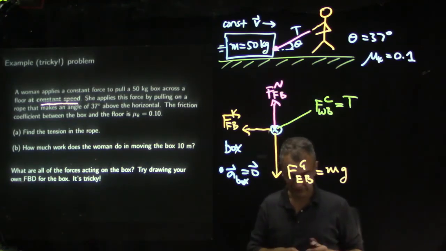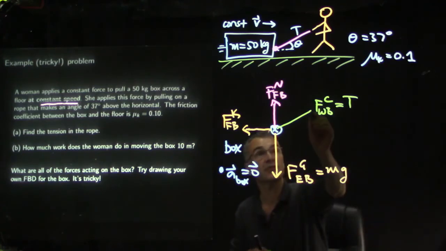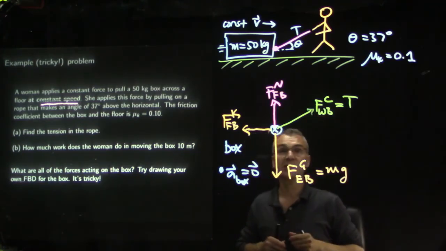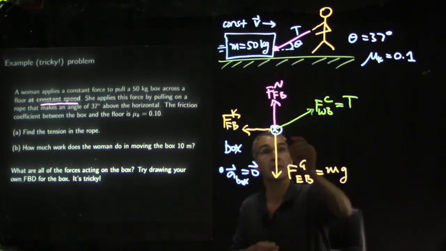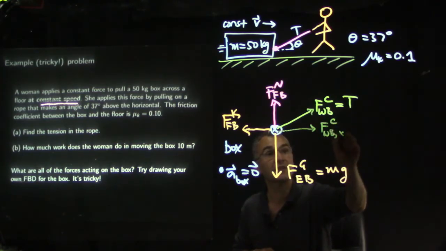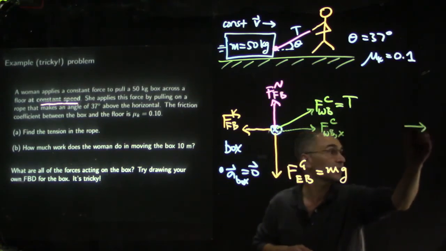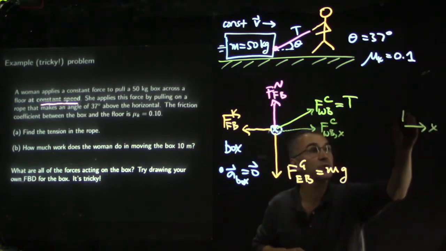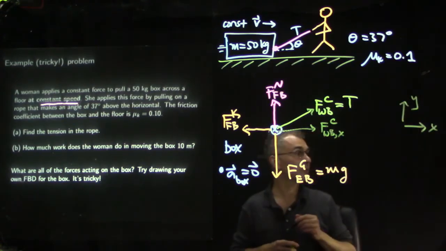So let's take this tension force and decompose it into horizontal and vertical components. So we'll say x is this way and y is this way.